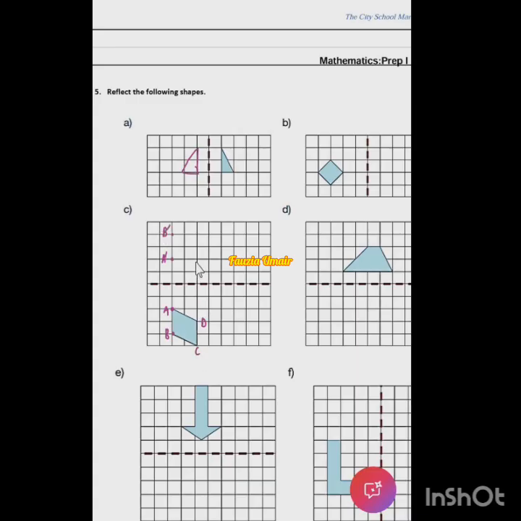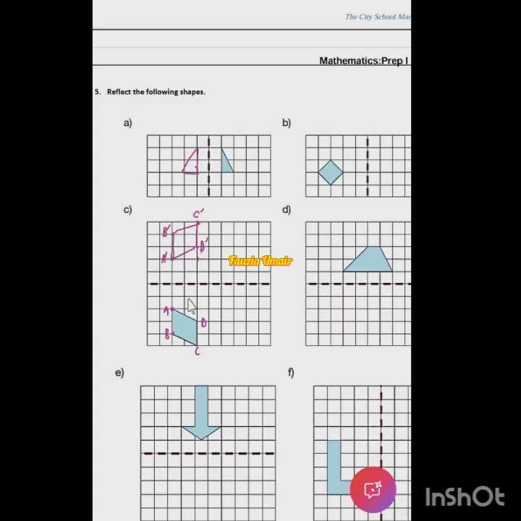Five blocks away, so this is C dash. And D is three blocks away, so this is D dash. And now just connect them. So this is the easier way.